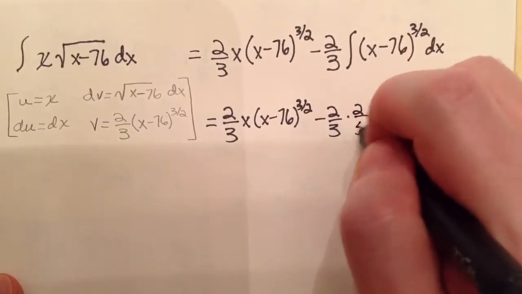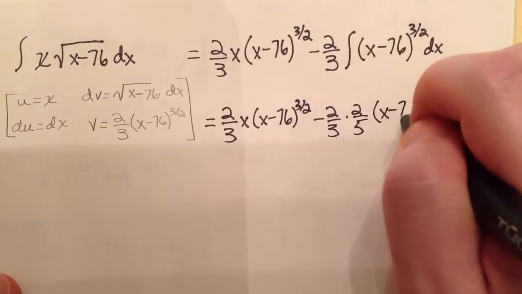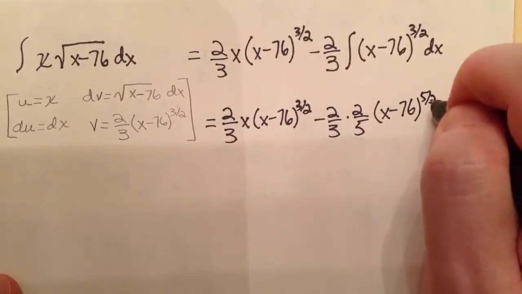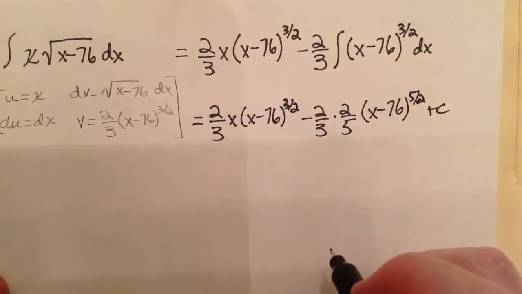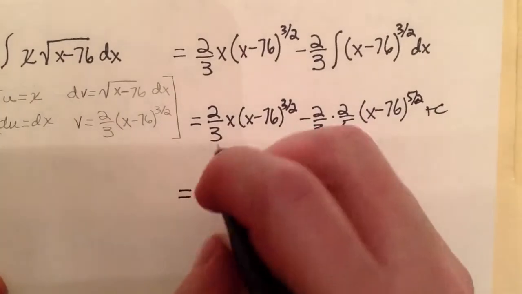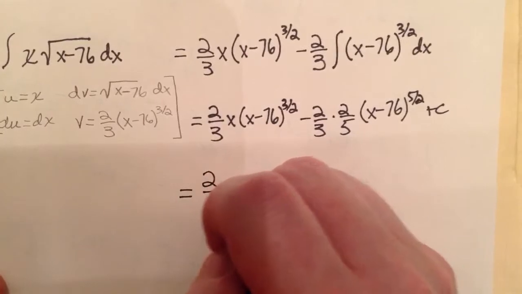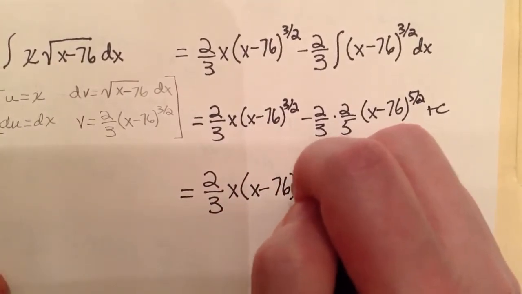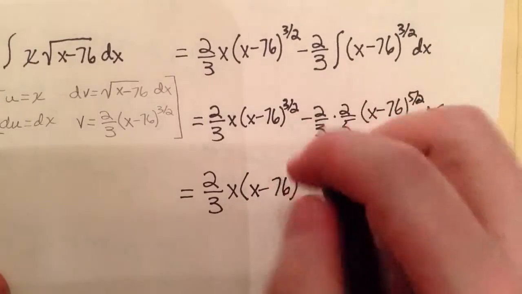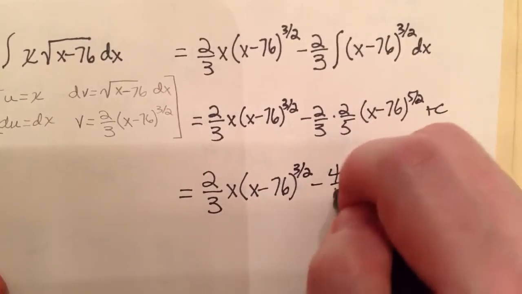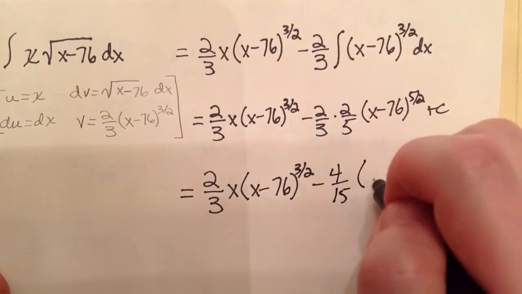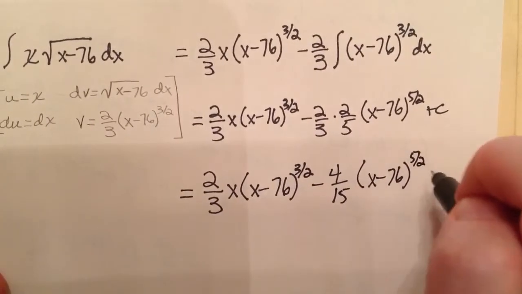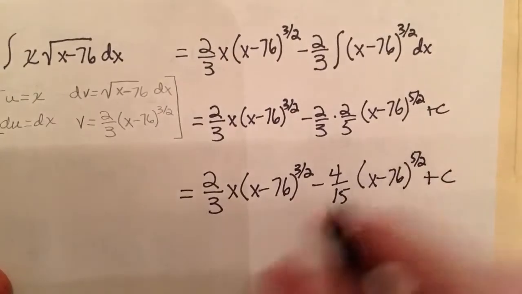This will be 2/5 of x minus 76 to the 5/2. Now we can add in the constant, and so for the final result in this one, we have 2/3 of x times x minus 76 to the 3/2 minus 4/15 of x minus 76 to the 5/2, followed by the constant.